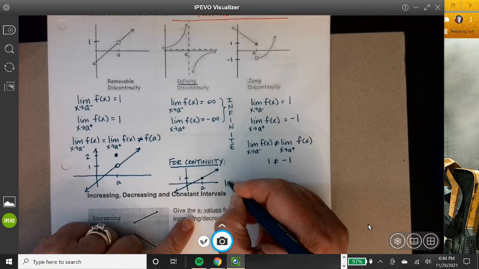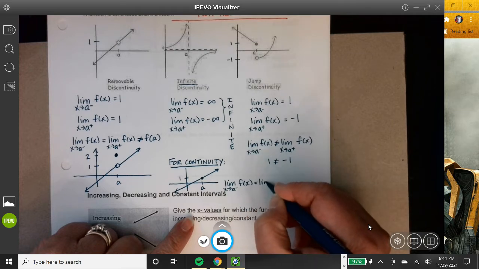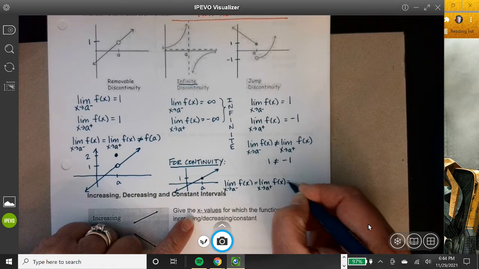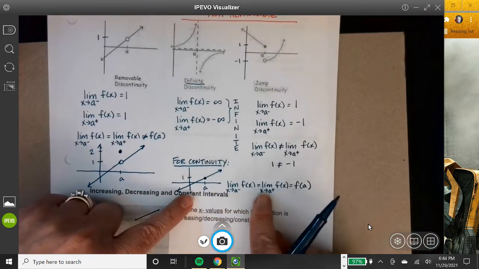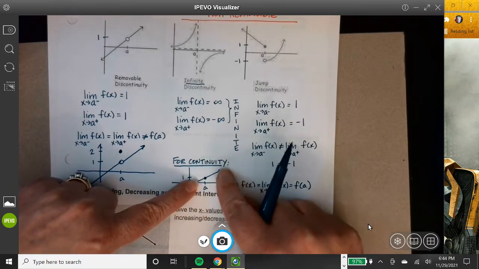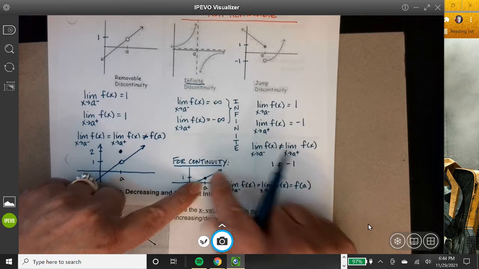So for continuity, the limit as x approaches A from the left of f of x has to equal the limit from the right as x approaches A from the positive side has to equal f of A. So they all have to be equal. So I have to be approaching from both sides the same limit, the same y value, and then the function has to have the y value that I'm approaching for it to be continuous.